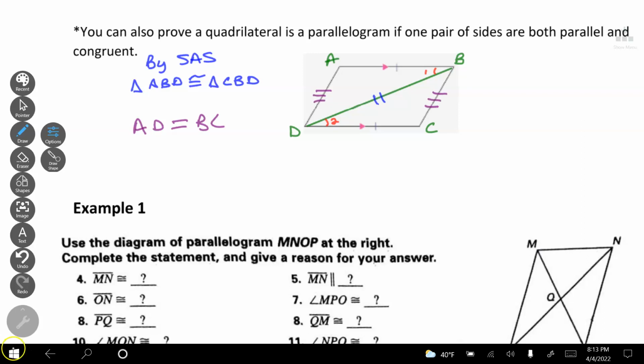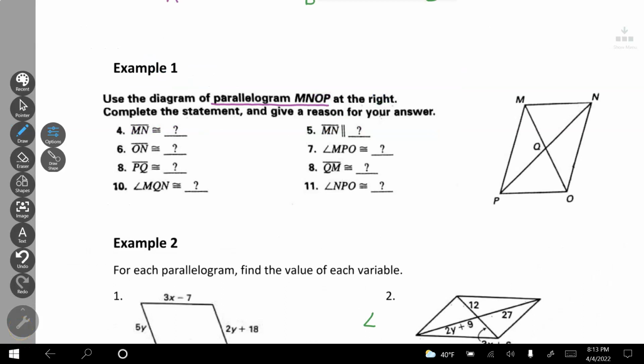It is a parallelogram. Okay, I have parallelogram MNOP. MN is congruent to its opposite side, PO. ON is congruent to its opposite side, PM. PQ is part of the diagonal, and that's congruent to QN. Angle MQN, this top angle, is congruent to angle OQP.